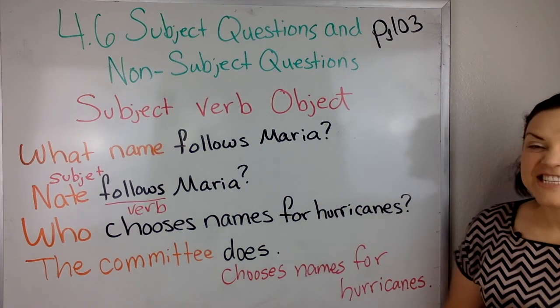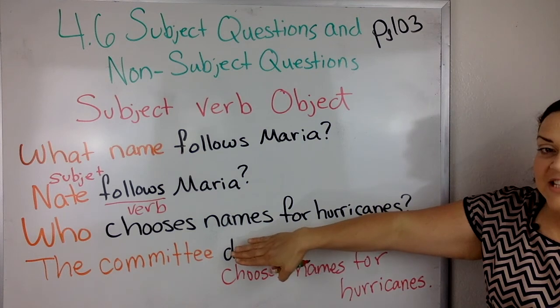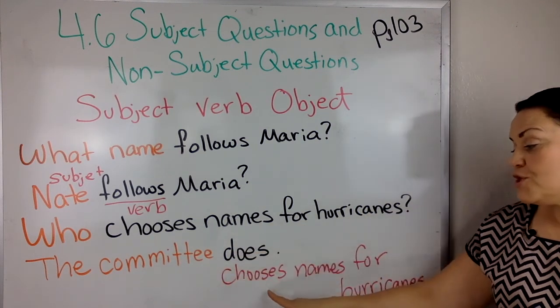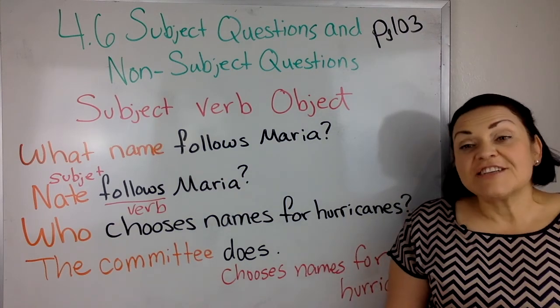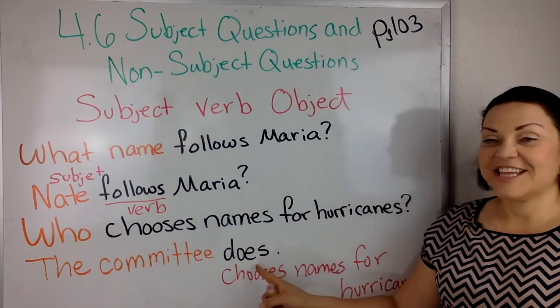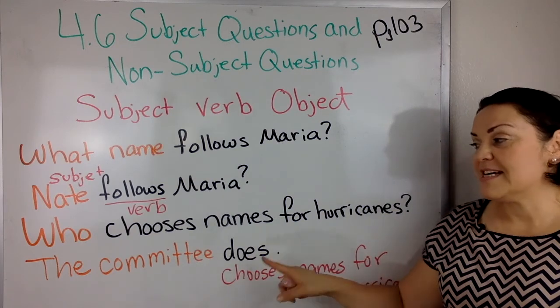And that makes the sentence very long. If you remove this, it would be the committee chooses names for hurricanes. But in English, American English, we like things short, so the committee does.